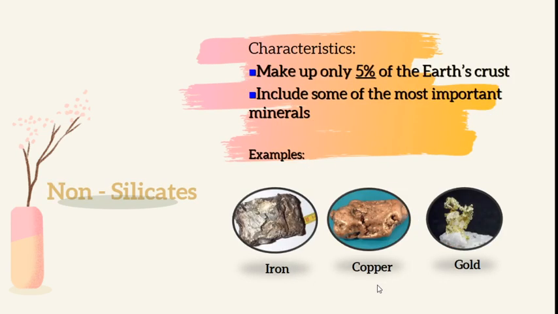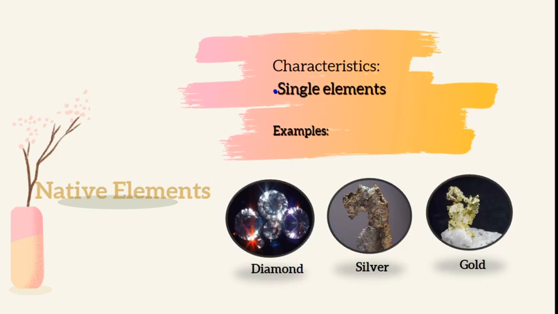Another, we have non-silicates, which make up only 5% of the Earth's crust and include some of the most important minerals. For example, iron, copper, and gold. Next, we have native elements, which contain single elements. Very famous are diamond, silver, and gold.